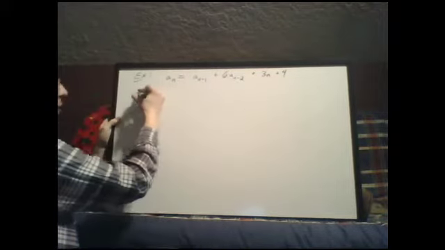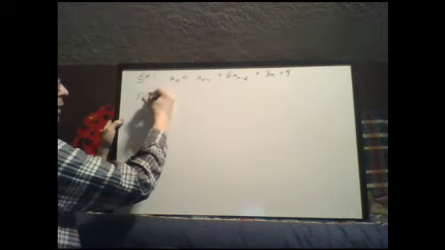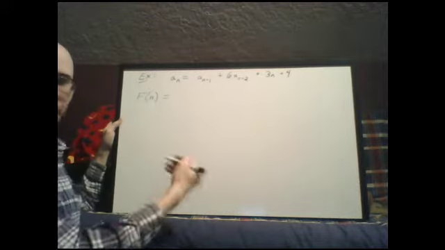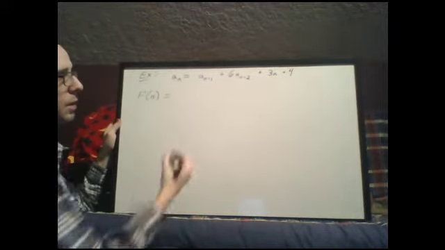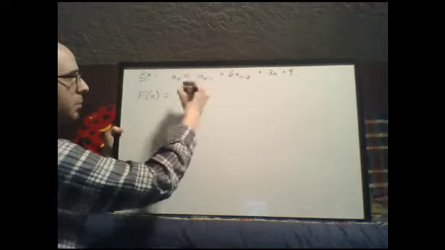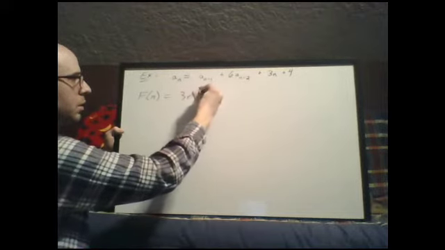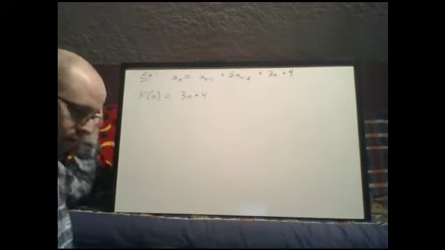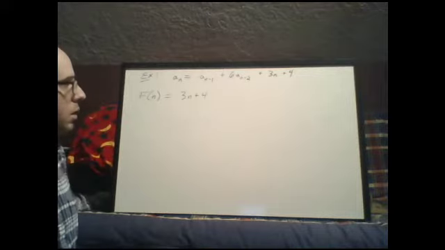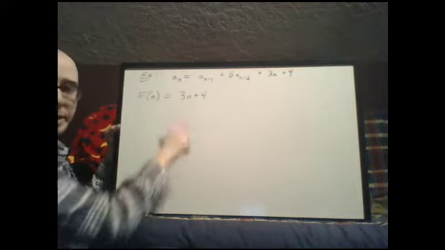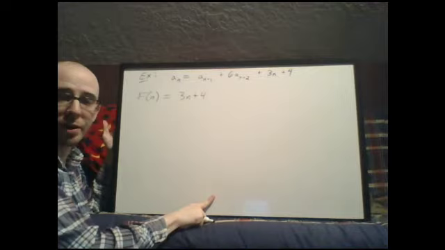So our f of n here, the extra part that does not involve a, is 3n plus 4. We look at that function and identify what type it is.